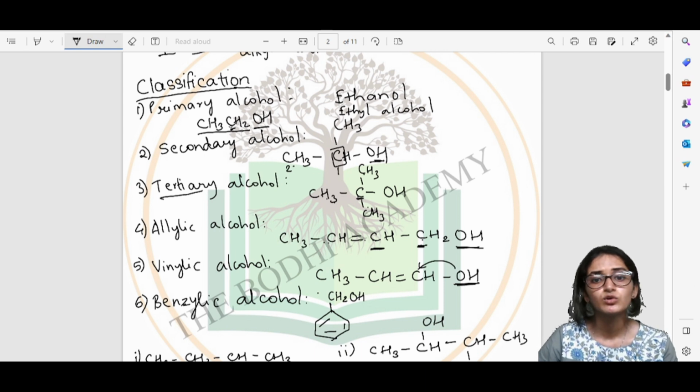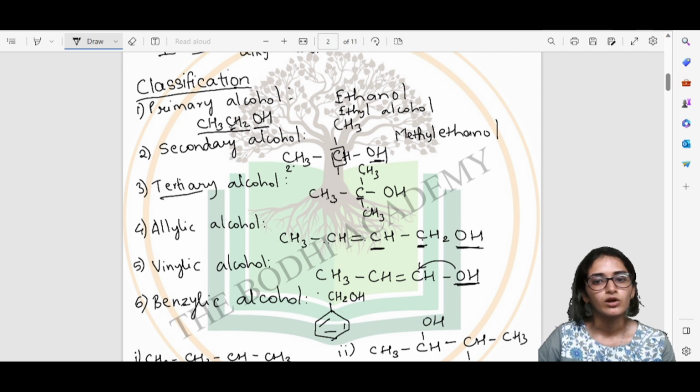But we have one more thing here, that is a substituent. And which substituent do we have? Methyl group, and it is numbered on the first carbon only. So the name of this will be methyl ethanol.